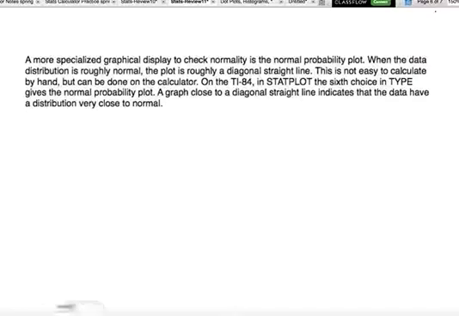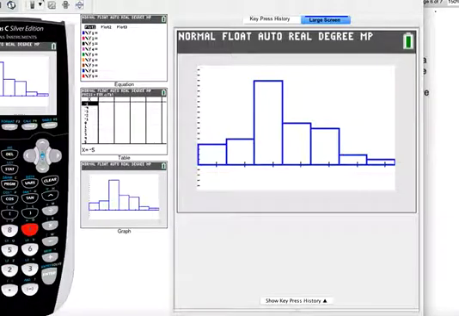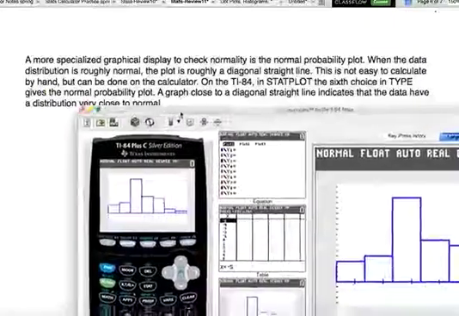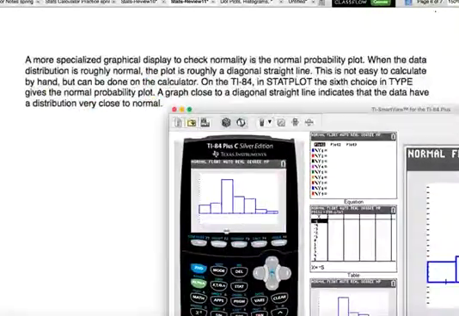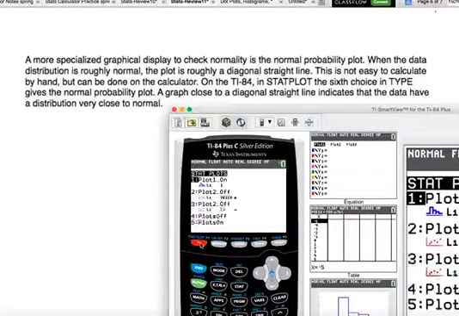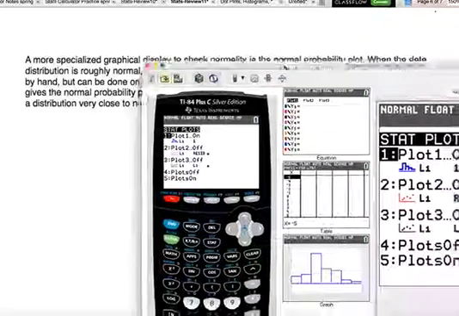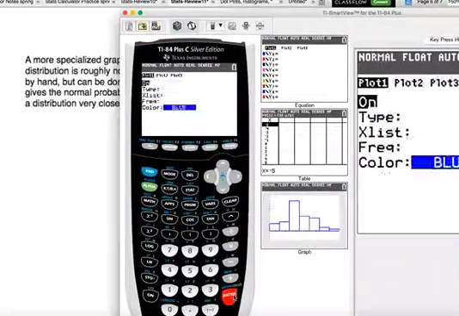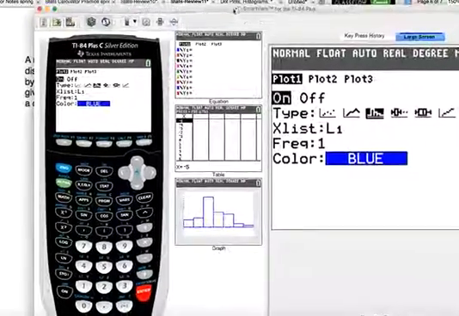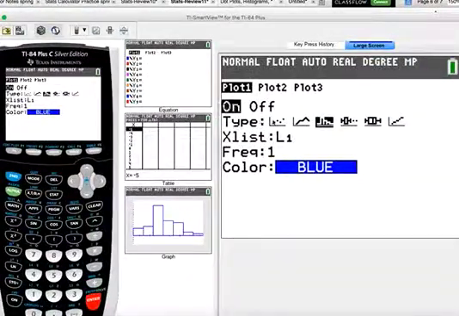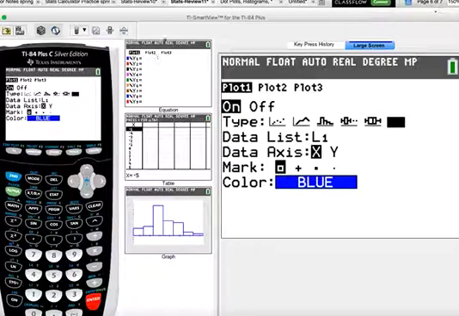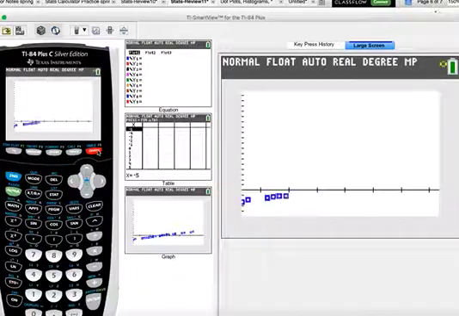Once you get everything typed in, you can go to stat plot, so second Y equals, and then hit enter so that you're on stat plot 1, and you're going to go to the sixth distribution, so 1, 2, 3, 4, 5, 6. When you go to type, go all the way over, and then hit enter. All that's good. So then graph.